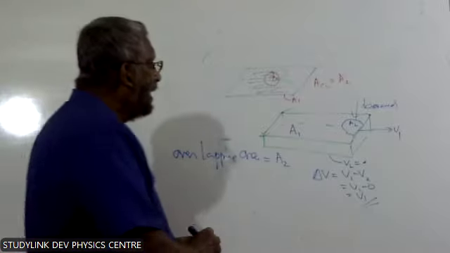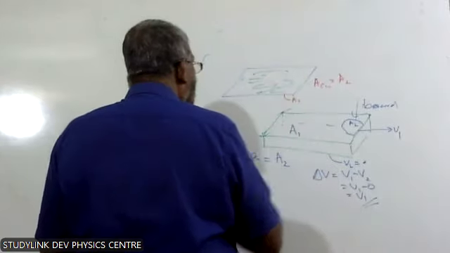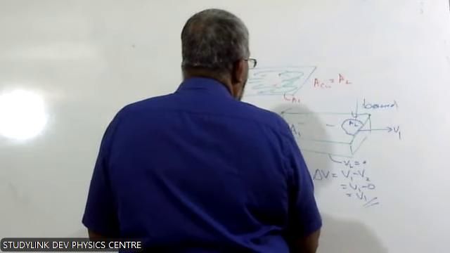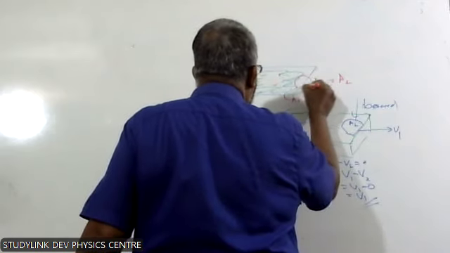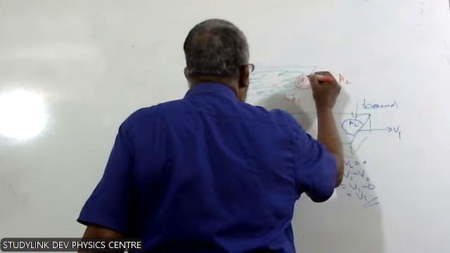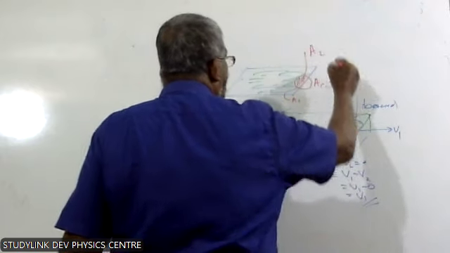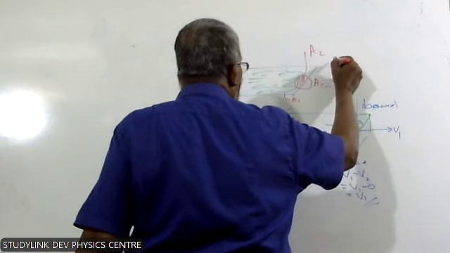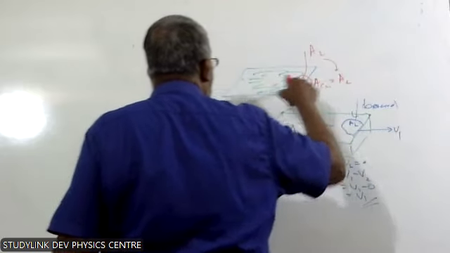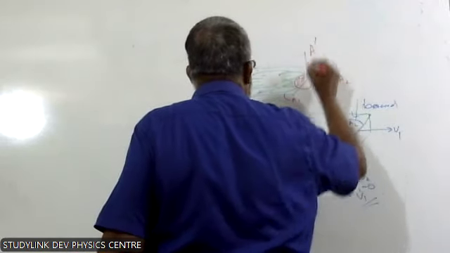Now say it is at the corner. In the circular one, this part is only overlapping, no liquid here. So this is A2. Wait, this is A dash.